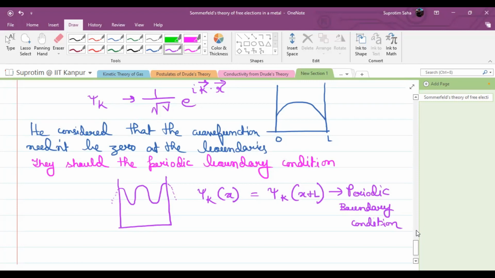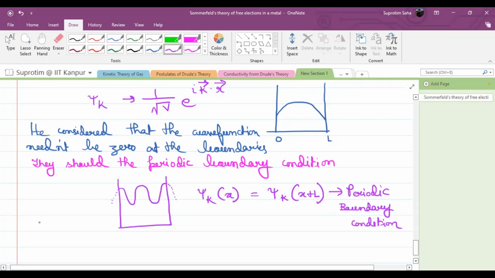In that case, there will be no propagation of the wave vector that the electron possesses. But you need to have a propagating solution. So for that case, you have to adopt the periodic boundary condition.